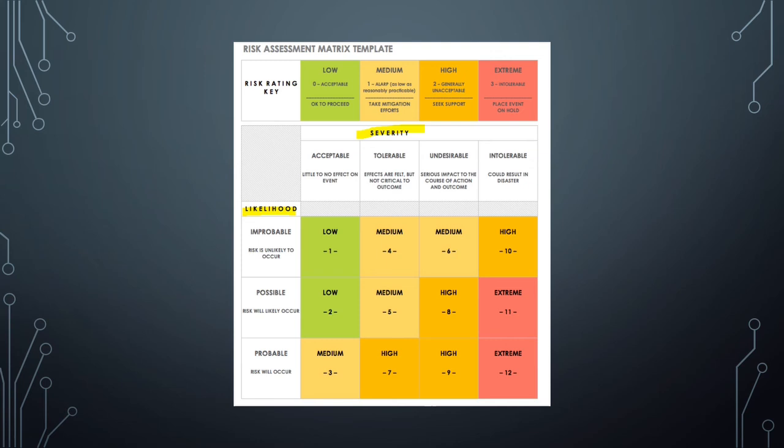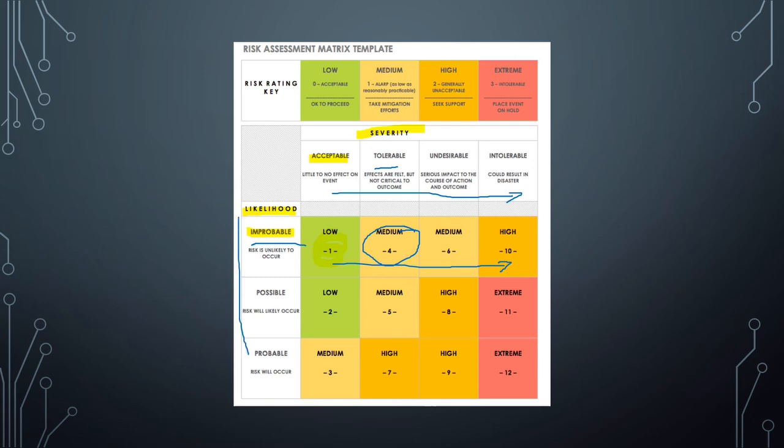So if something is acceptable but improbable, it gets a score of 1. It's a low risk. If something is tolerable and it's improbable, it gets a score of 4. And so you can see going down this matrix, the more severe things get, the higher the risk score gets.